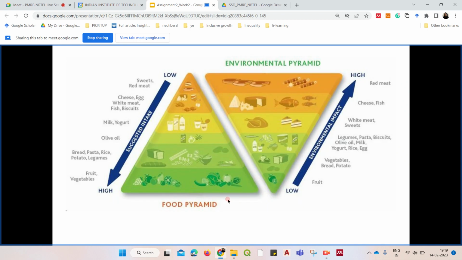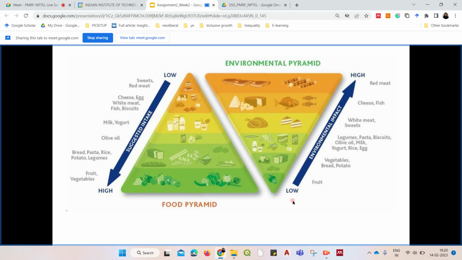So this is the food pyramid which it is talking about. As it relates a little bit to the food chain pyramid as well, but several other things.